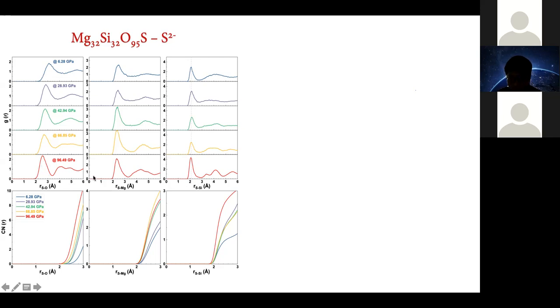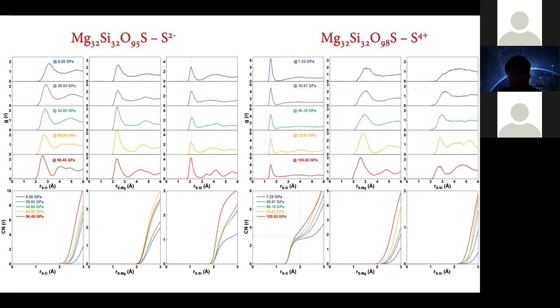So in this silicate, similar to oxygen, sulfur is bonded to magnesium and silicon, which is self-consistent with the valence state of sulfur. However, in this silicate melt with more oxygen atoms, representing a more oxidizing condition, the valence state of sulfur is 4+, and the sulfur-oxygen distance, which is about 1.5 angstrom, is much shorter than the sulfur-magnesium and sulfur-silicon distances.